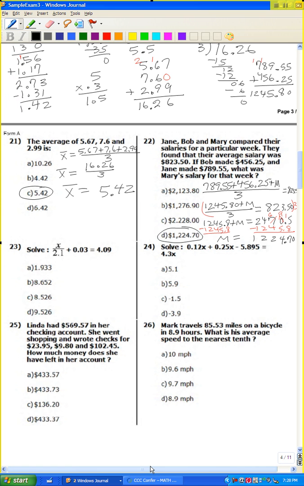Let me do problem number 23. So let me multiply both sides of my equation by 2.1. And so the 2.1s cancel. So I get x.